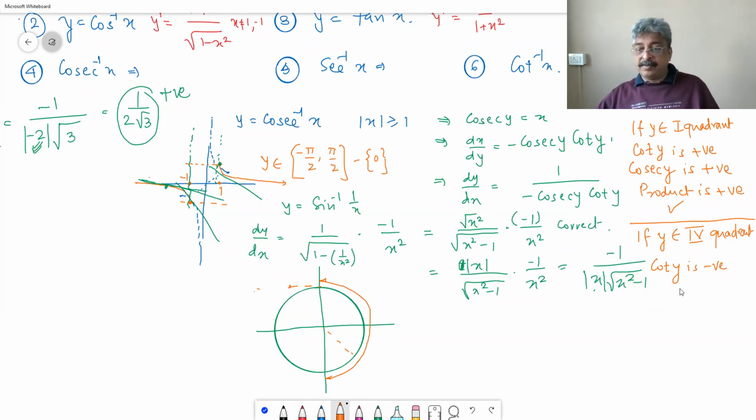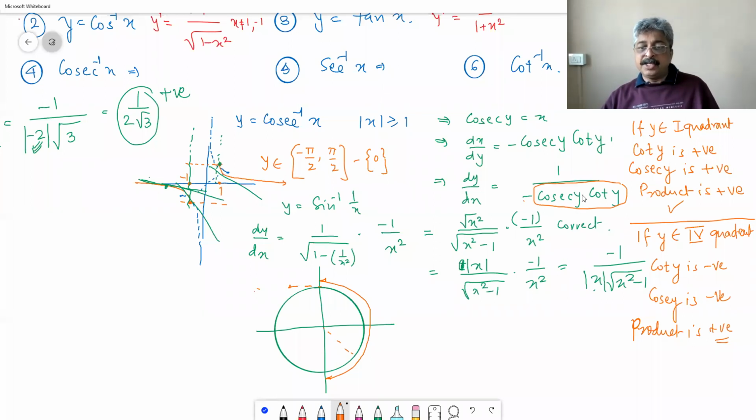Sin y is different in sign. Then cosec y, can you tell me the sign of cosec y? Cosec y is 1 upon sin y. Sin y is negative, therefore cosec y is also negative. Hence the product is positive. In either case, this product is positive, and which ends up giving you the final answer negative.